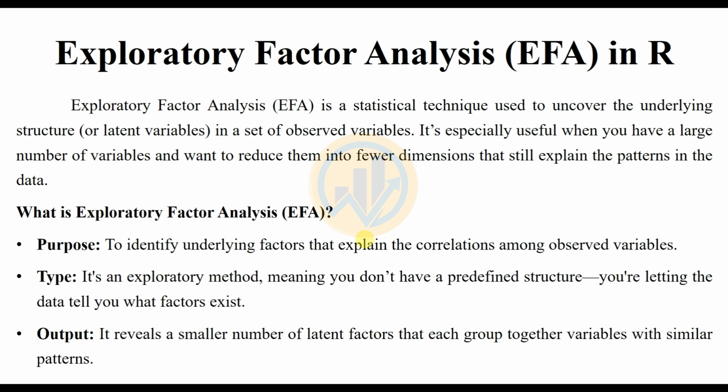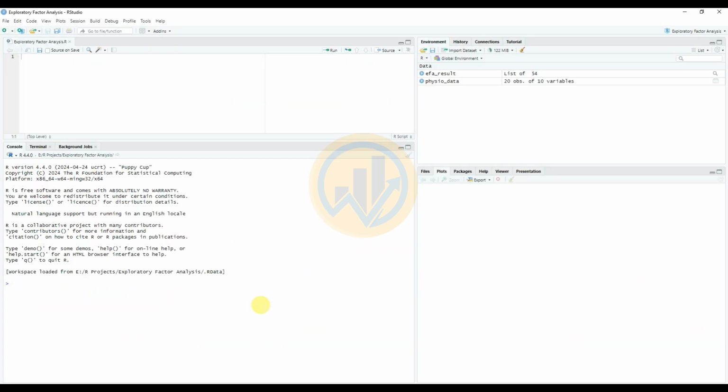So open the RStudio software and analyze the exploratory factor analysis. For exploratory factor analysis in RStudio, two important packages must first be installed. The first one is the psych package and the next one is the GPArotation package.